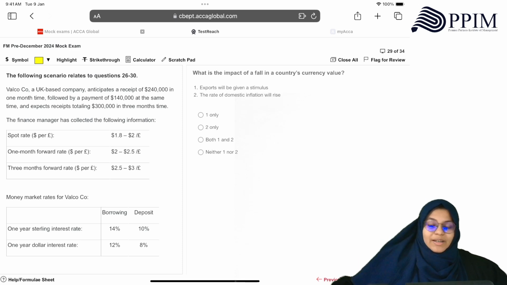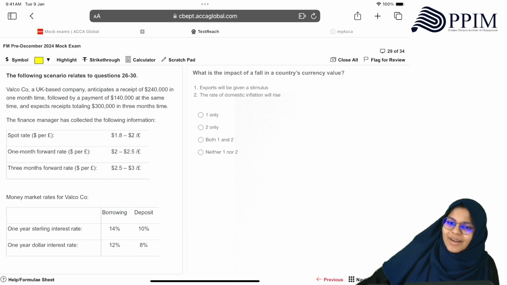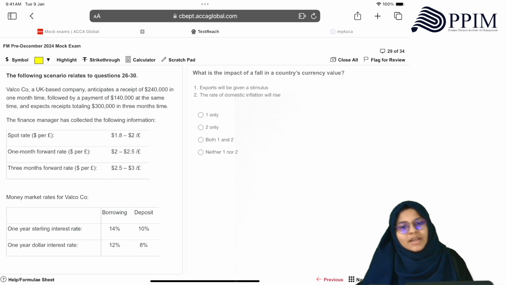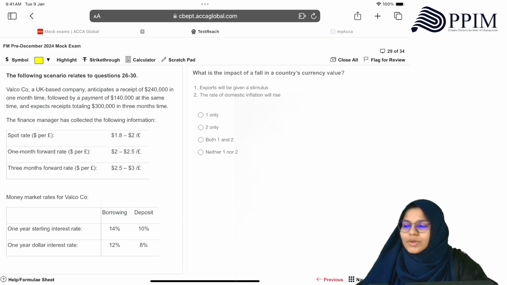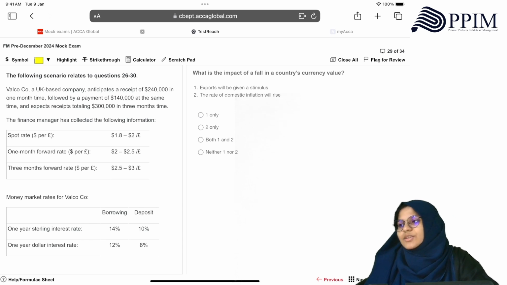Right. They're saying what is the impact of a fall in a country's currency value. Okay, so if your currency value falls, will your exports be given a stimulus? Because export means what? Other people are going to buy from you, meaning foreigners are going to buy in your currency. Now if your currency becomes weaker, with their currency they can buy more goods from us. So yes, exports will be given a stimulus.